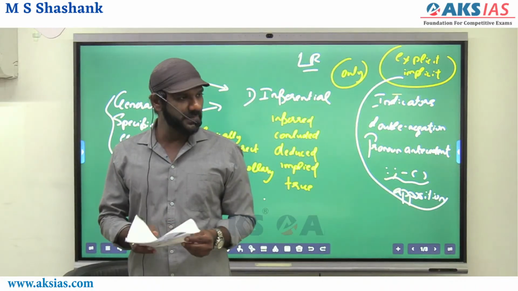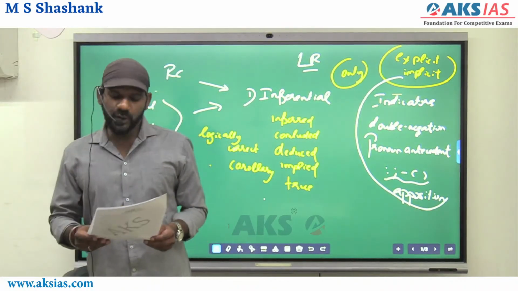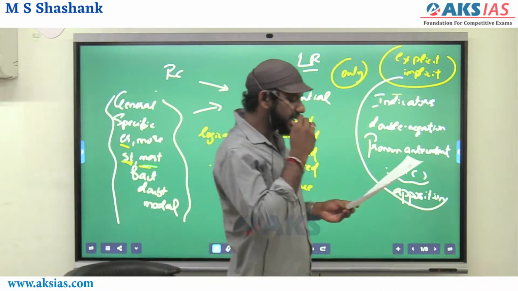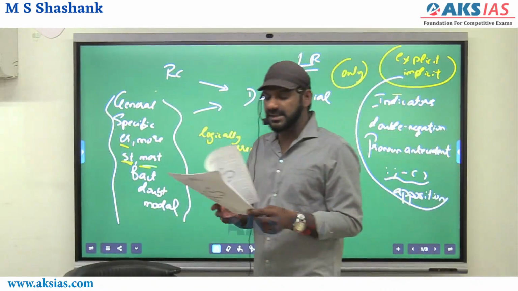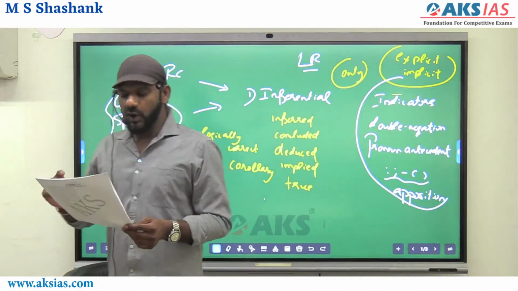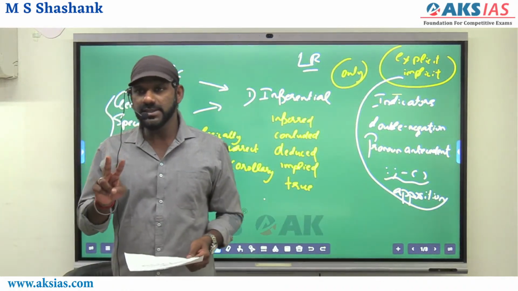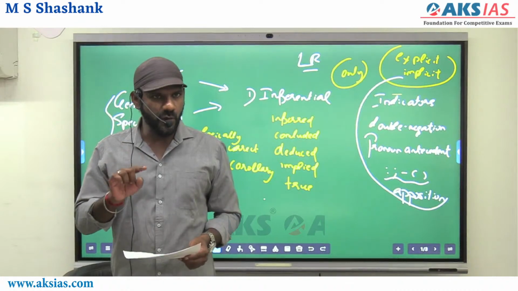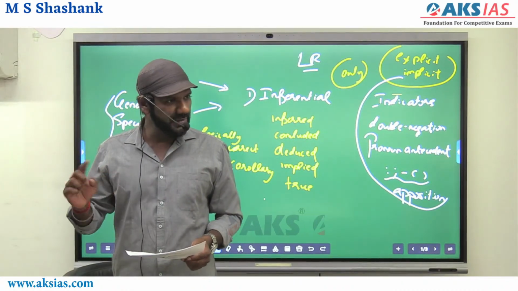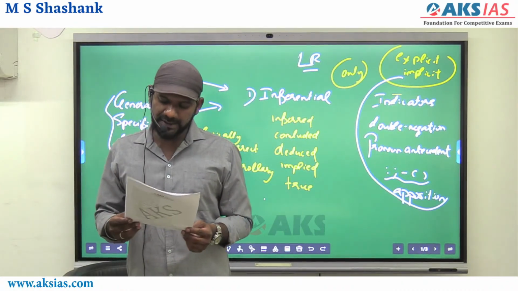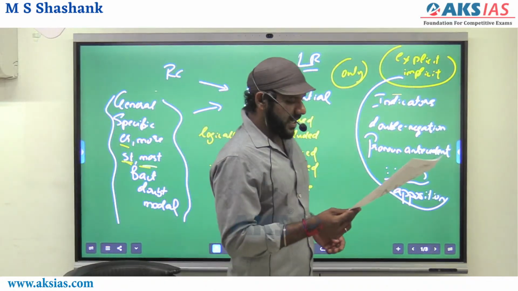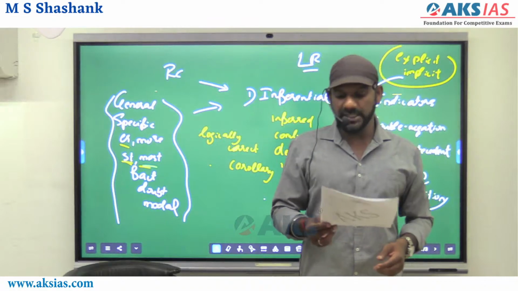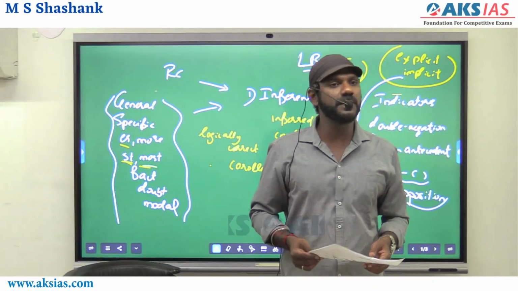I'll read the paragraph. While on the one hand, the Maoist tag is used to persecute and torture those who speak out against excesses and illegalities of the state, on the other, so two things are talked about in this paragraph. On the one hand, one thing, on the other, another thing. On the other, there is a growing trend where the institutions of the state are used to push the vested interests of one section of the population.